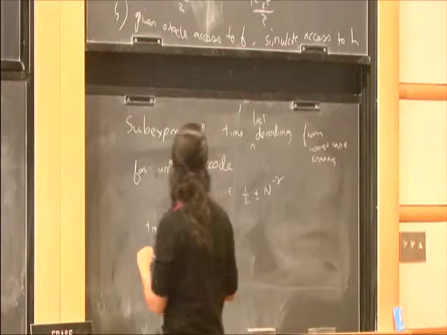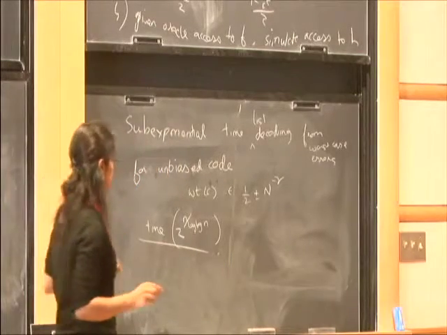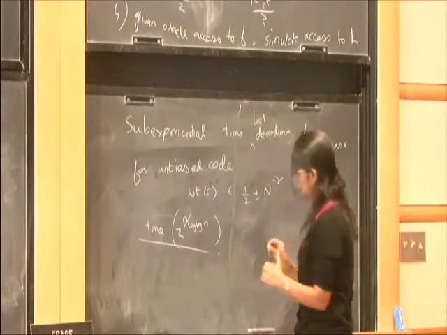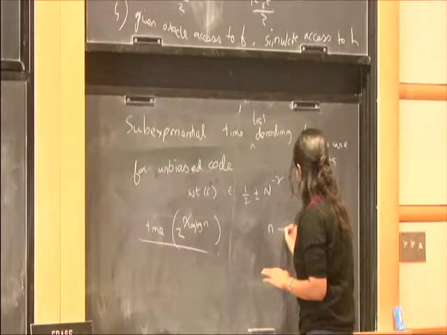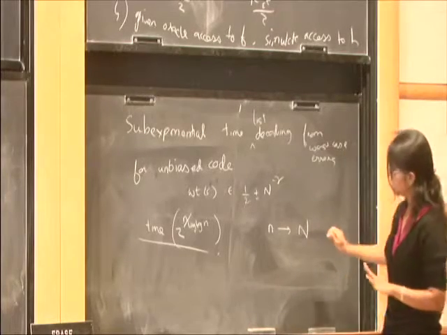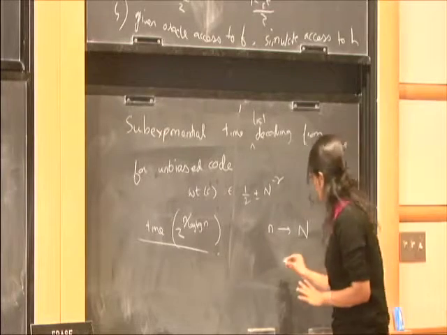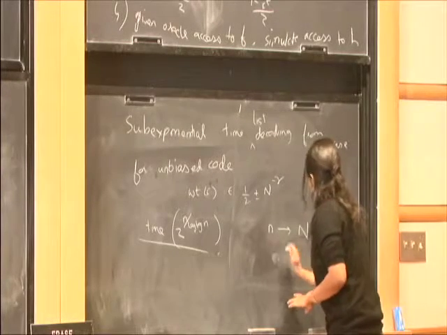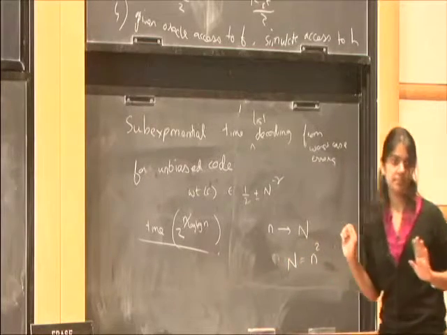What are you assuming in terms of your access to the code? So the code has dimension n, right? So what was n out here? The code was mapping n bits to capital N bits. Say capital N is like n square. So one interesting regime is capital N equal to n square, say.